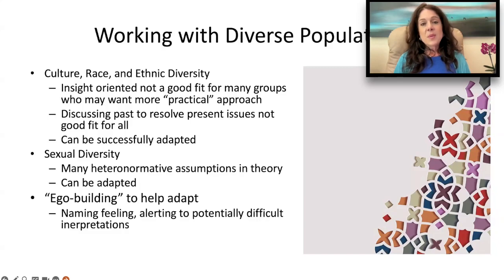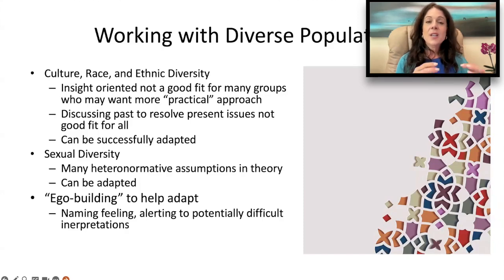Oftentimes, one of the things they talk about is the concept of ego building to help with diverse clients, which is naming feelings and alerting clients to potentially difficult interpretations. I'm sorry, I'm misspeaking here. Ego building is one of the strategies to help adapt psychodynamic to working with diverse populations. It means helping name the feelings and alerting clients to potentially difficult interpretations.